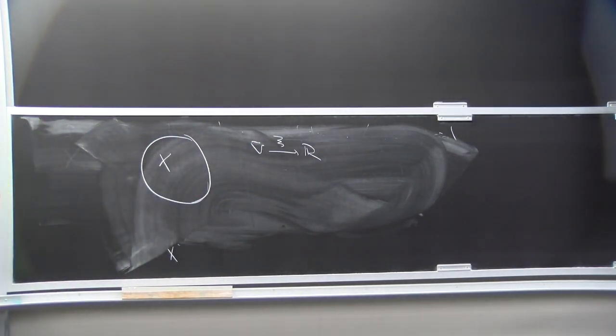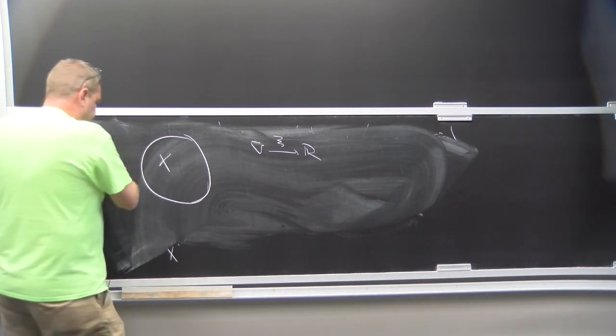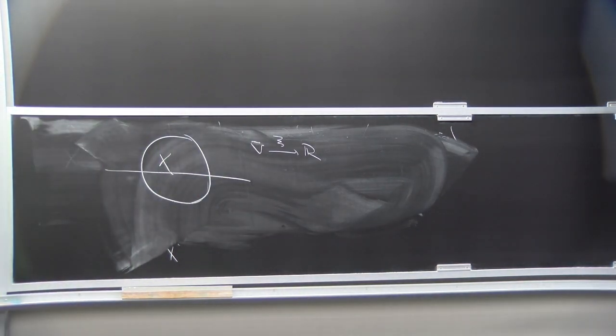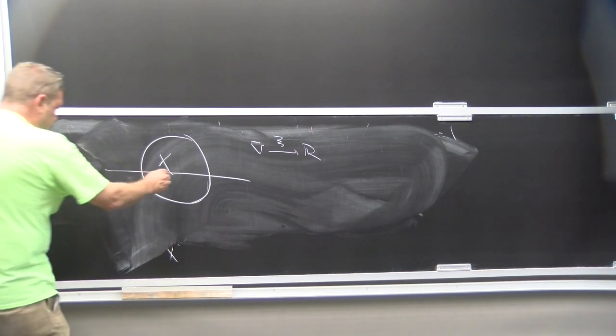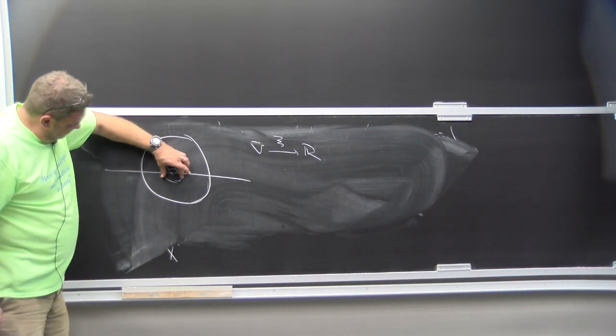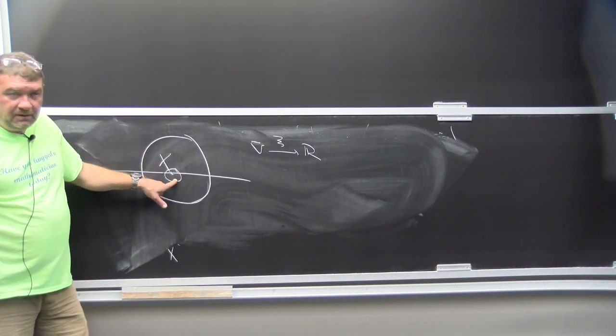I will use the letter C to denote linear functions. Now, if I look at the level set, remember how we compute the cohomology. I take a tiny ball, and it's the cohomology of the ball modulo the part below.